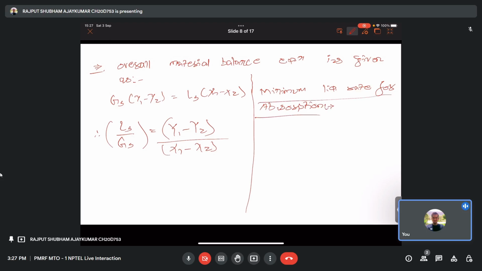The minimum liquid rate can also be determined by a similar graphical construction on the xy plane using the mole fraction units of concentration. From the notes, there is a formula which relates the minimum liquid flow rate required, that is LS minimum equals GS (Y1 minus Y2) whole divided by (Y1 by alpha minus X2).